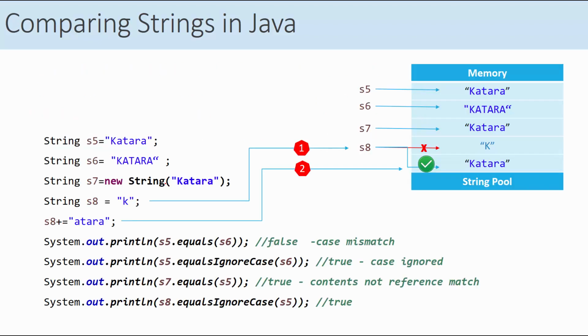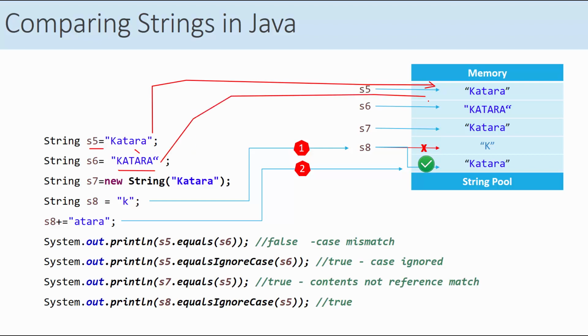Let us see this example here. S5 is Katara, so Katara is added in memory. S6 is again Katara, but it is all caps, so it does not equal Katara, and a new reference will be created in memory for S6.